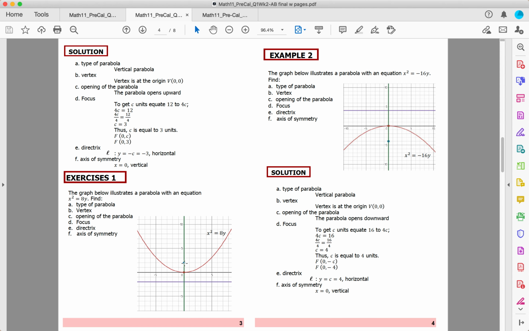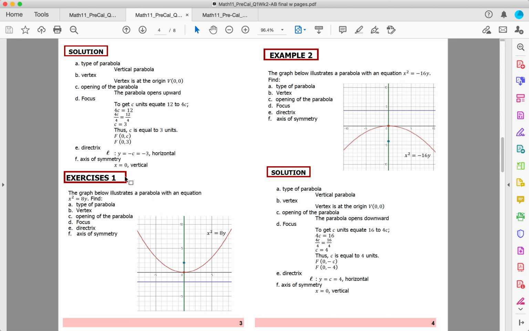Since this is opening upward, it is a vertical parabola, right? And obviously, the vertex is at the origin, which is 0, 0. The opening is upward, and the focus is this point. The focus is derived from the 4C value.